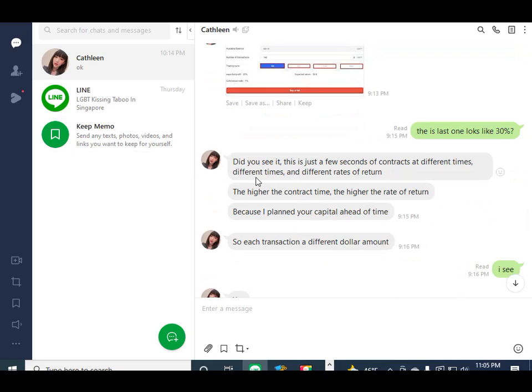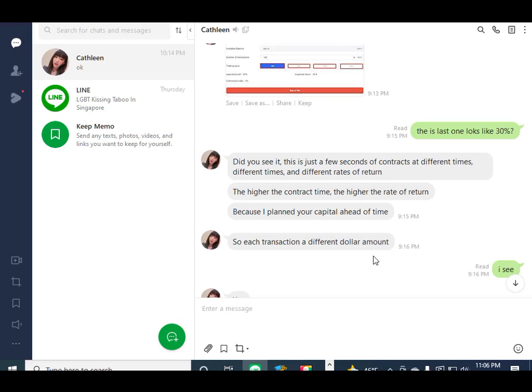And she said here, did you see it? This is just a few seconds of contracts at different times and different rates of return. The higher the contract time, the higher the rate of return, because I planned your capital ahead of time.